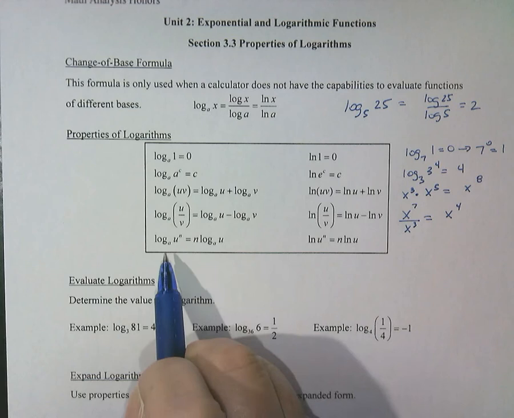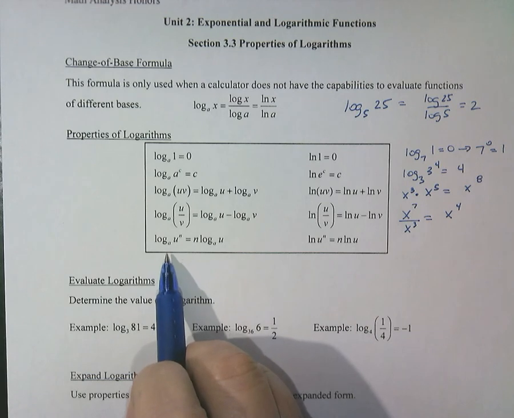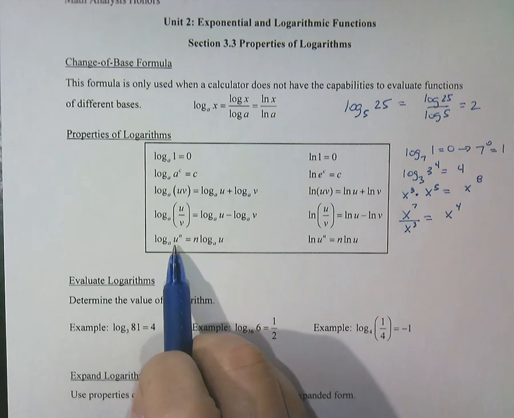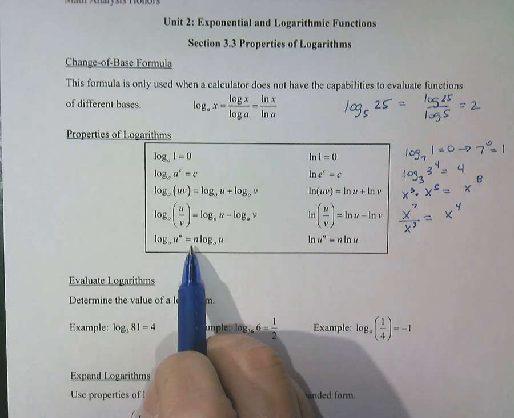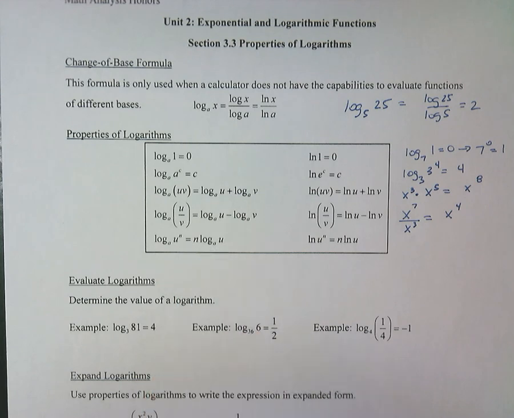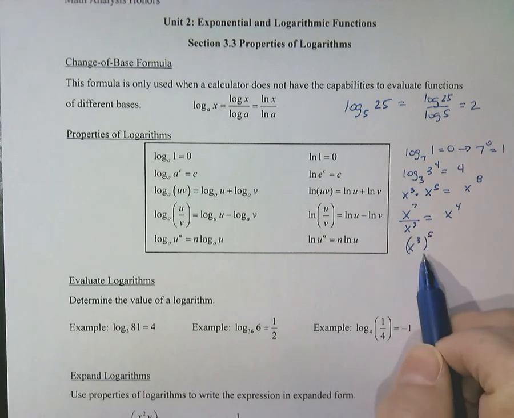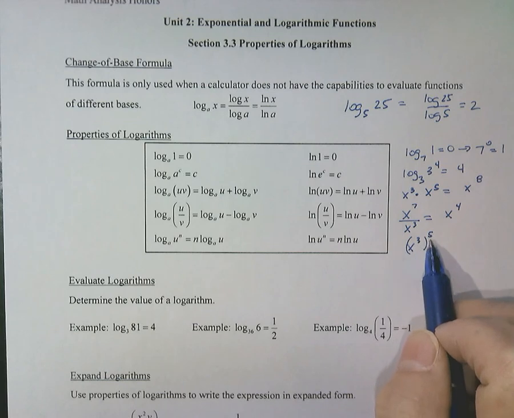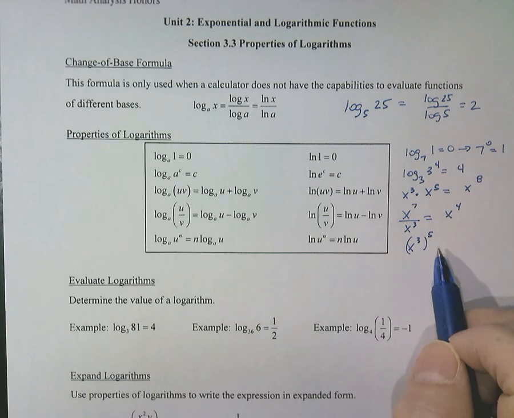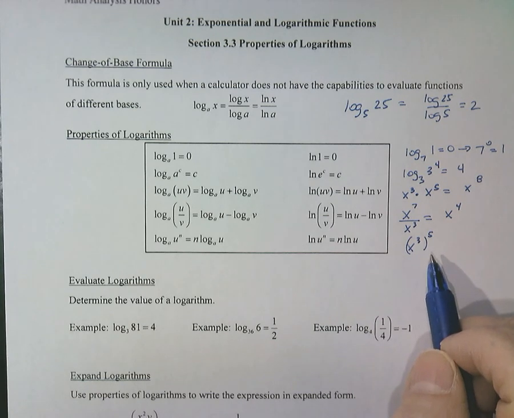And the last one is if I have log base a of u to the n, the exponent comes out in front and multiplies by the logarithm. And that can be modeled by if I have x to the 3rd raised to the 5th power. That means I have x to the 3rd 5 times. So x to the 3rd multiplied by x to the 3rd multiplied by x to the 3rd multiplied by x to the 3rd multiplied by x to the 3rd.